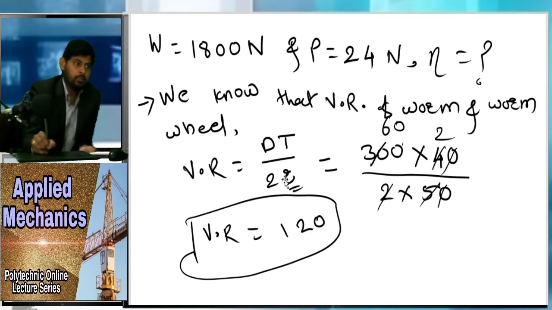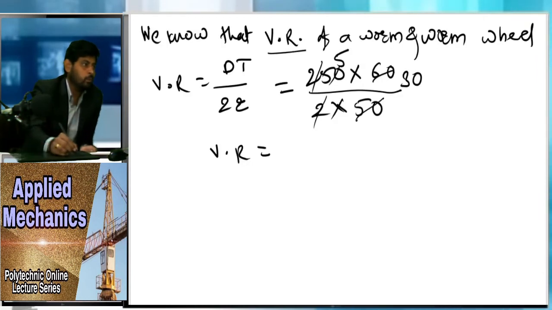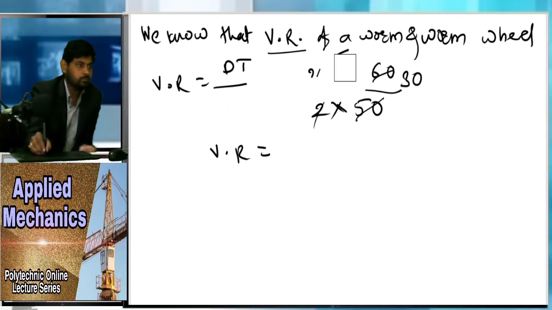But when the number of threads is given, here the number of threads means 2 threaded or double threaded, then we have to correct the velocity ratio formula.